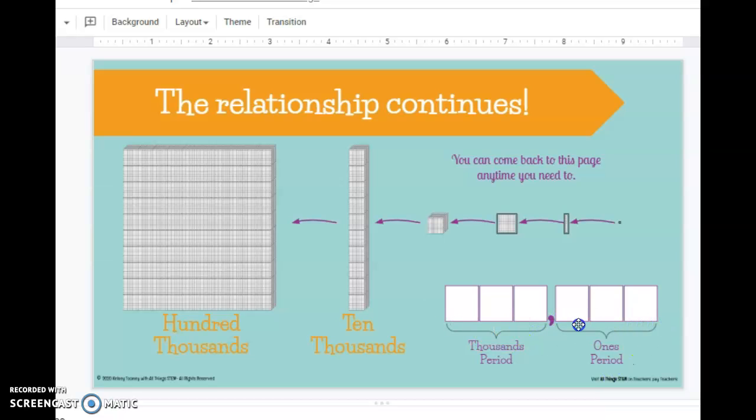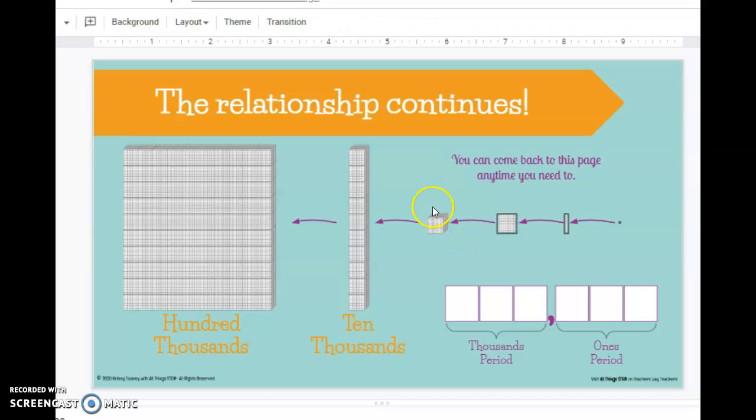And so if we talk about this down here, this is our place value chart. The ones period is your ones or units, tens and hundreds. Your thousands period is your thousands, 10,000s, or 100,000s. So the relationship is similar between the place values. You have ones, tens, hundreds, or thousands, 10,000s, 100,000s. 10 ones in your tens, 10 tens in your hundreds.